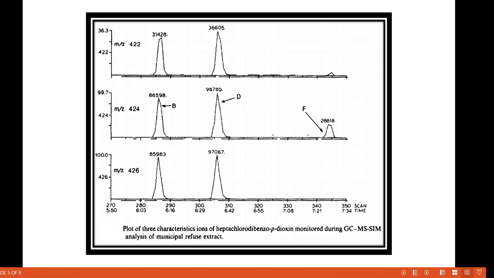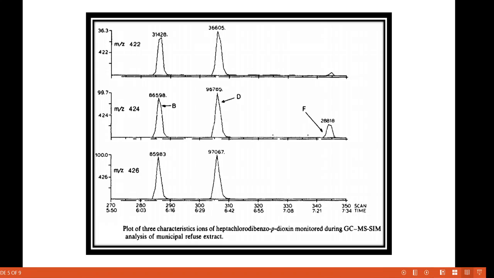That isomer is detected. The name of that isomer is heptachlorodibenzo-p-dioxin, monitored during the GC-MS SIM analysis of municipal refuse extract. From this extract we only detect this isomer, so it shows the three characteristic ion peaks in this figure.